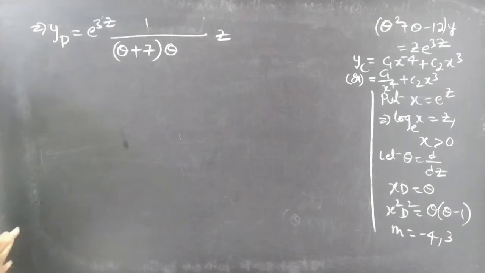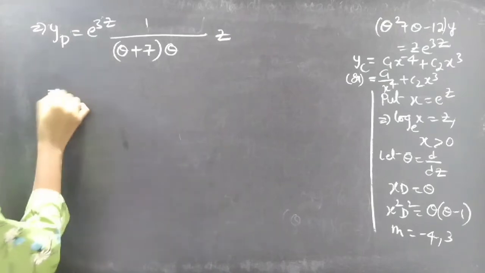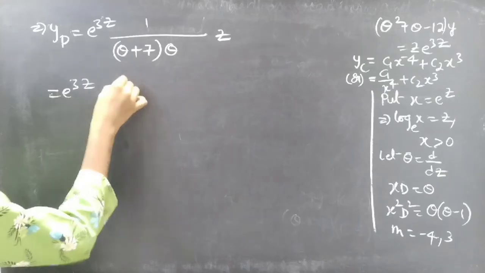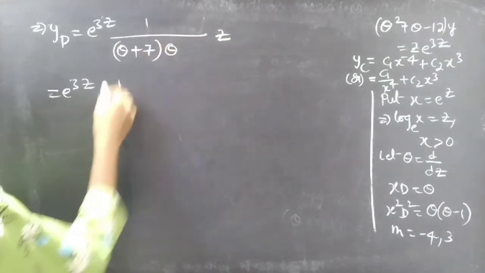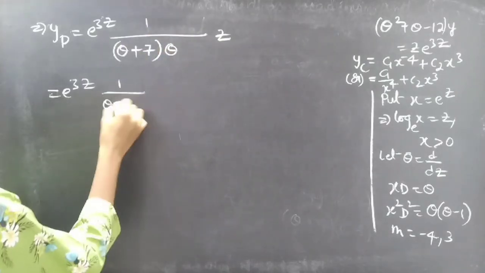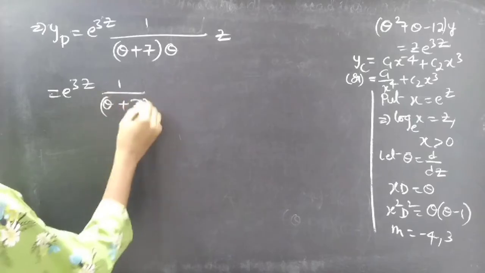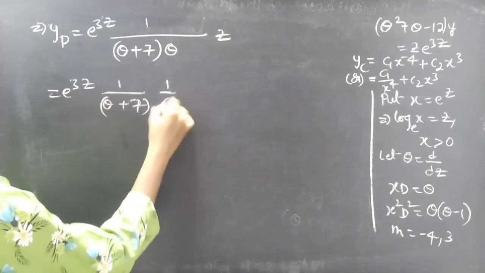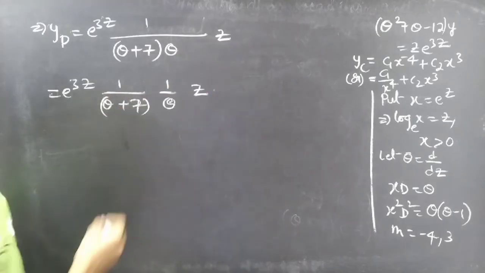So we can solve yp in two ways. We can split the fraction as 1 by theta plus 7 into 1 by theta into z.